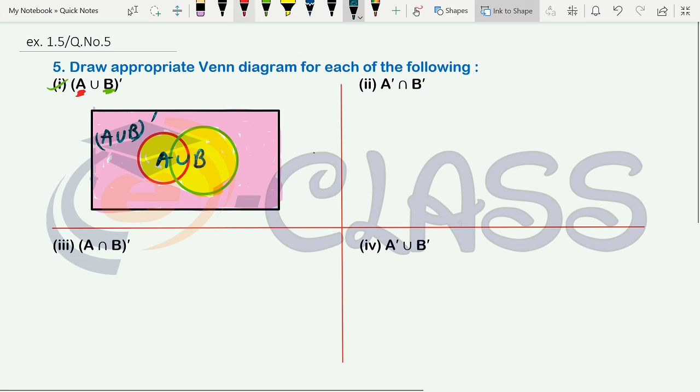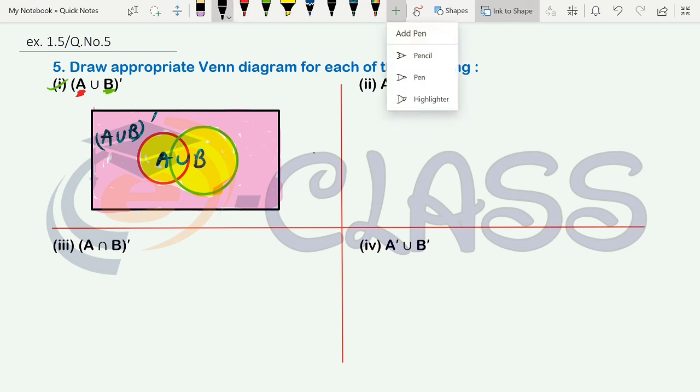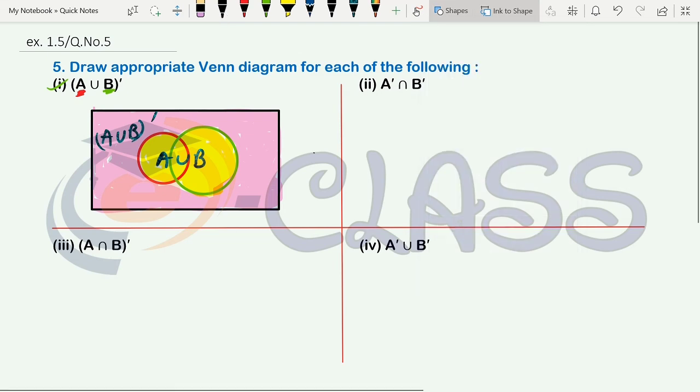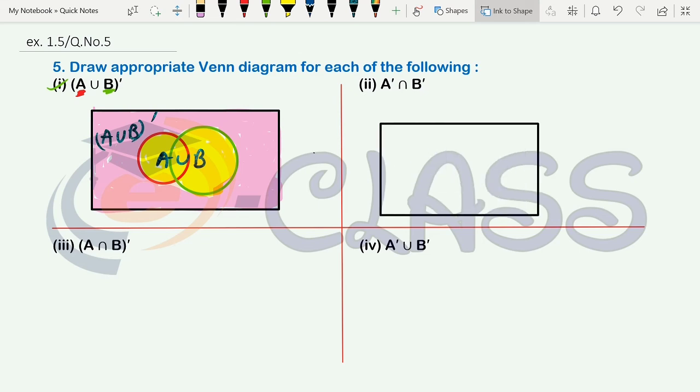Now the next picture is A complement intersection B complement. For this we have to draw a small rectangle.